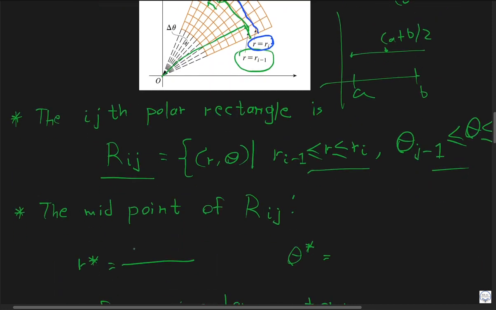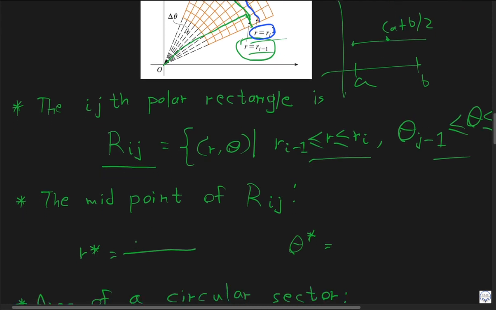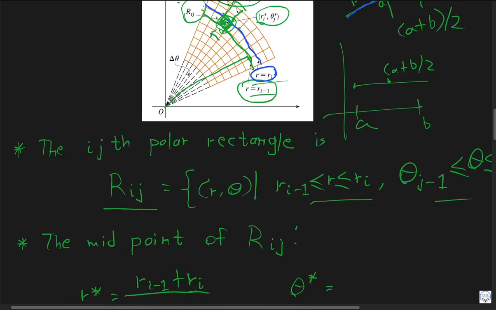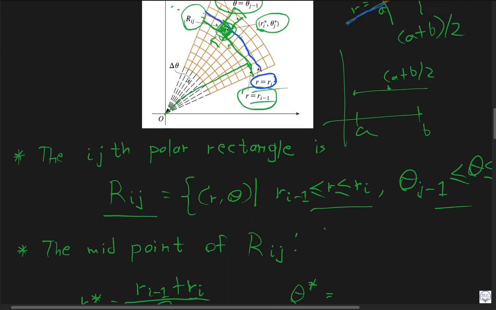So we have an r value of, since we're dealing with i and j, R i minus 1 plus R i, the two values for the distance from the origin, not the radius, it's the distance, divided by 2.